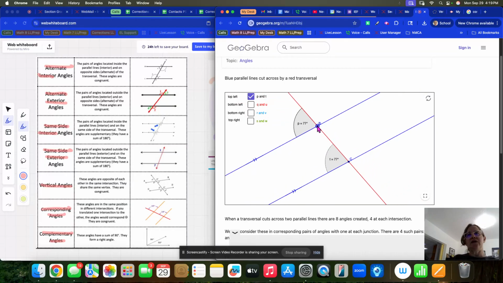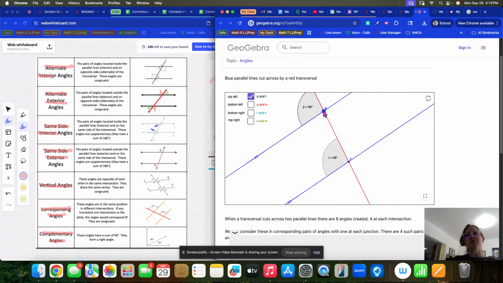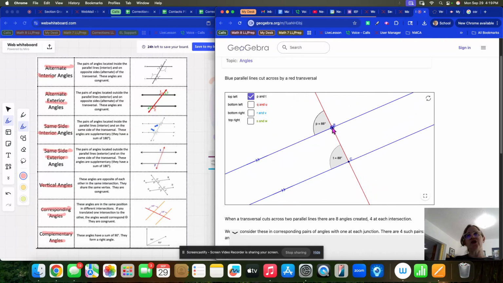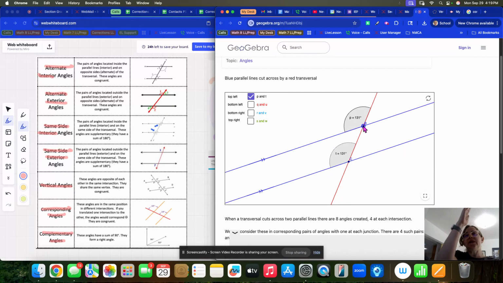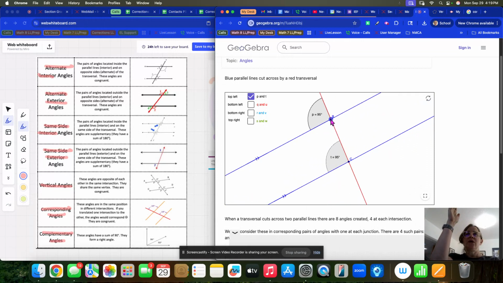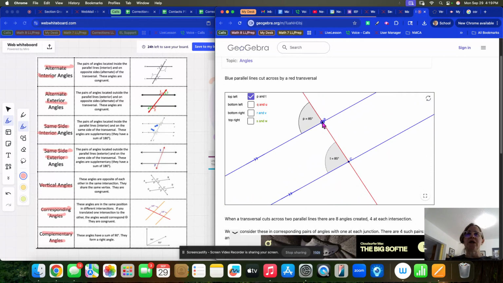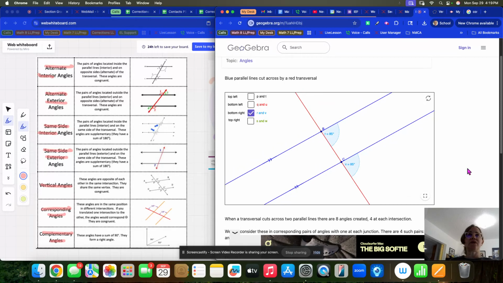We can change how far apart the parallel lines are, and we can change the angle of the red line, which is called the transversal. But whatever we do, those corresponding angles are always going to have the same measure. There's another pair of corresponding angles on the bottom, and another on the right-hand side. All of those are corresponding angles, and they always have the same measure.